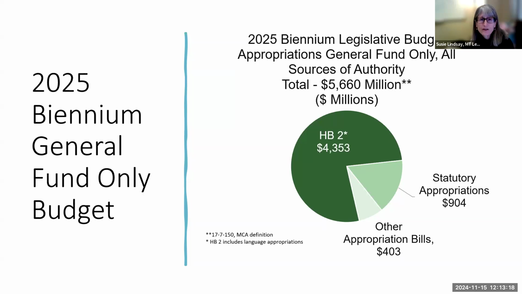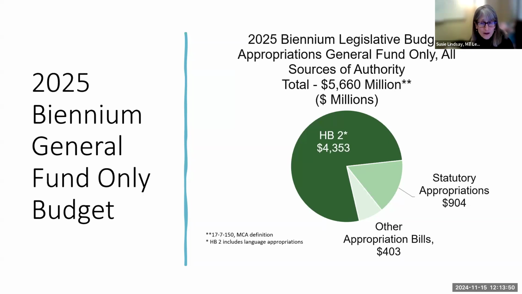Other appropriation bills are things like, as a legislator, you might come and have an idea for a bill, and it's a new idea, and it does have a cost involved, and the legislature chooses to adopt that idea, but then they appropriate funding to cover the costs that would be associated with a new policy or new idea.